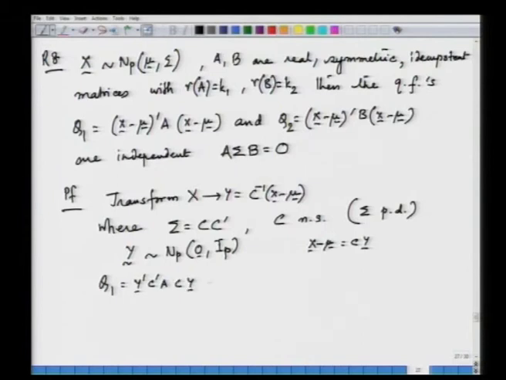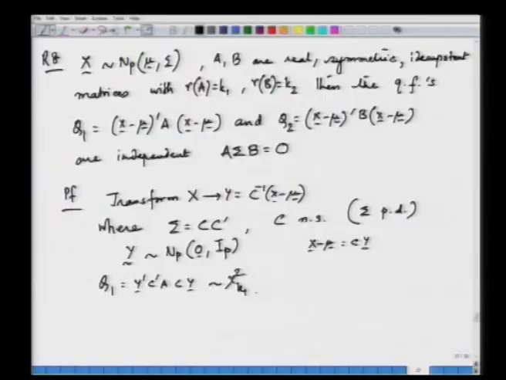So, this is nothing but Q1, and under the given setup where A is idempotent with rank equal to k1, this is nothing but a central chi-square with k1 degrees of freedom, which incidentally is also the rank of this matrix C transpose A C, because C being a non-singular matrix does not alter the rank of A when A is getting pre and post multiplied by C transpose and C. So, this is central chi-square with k1 degrees of freedom.